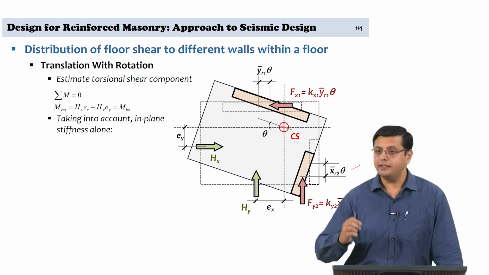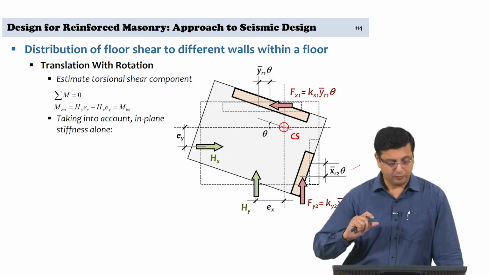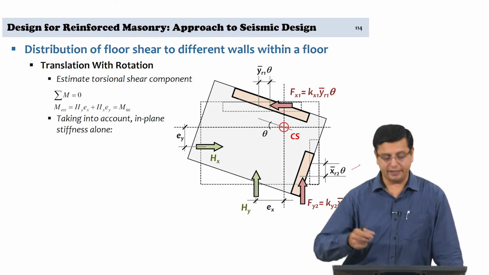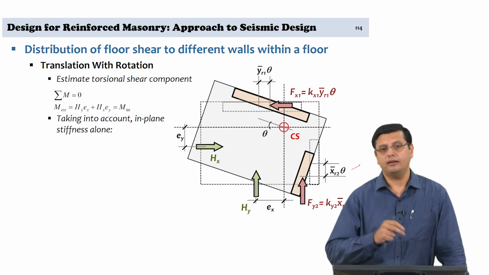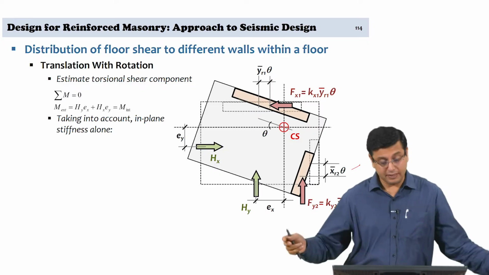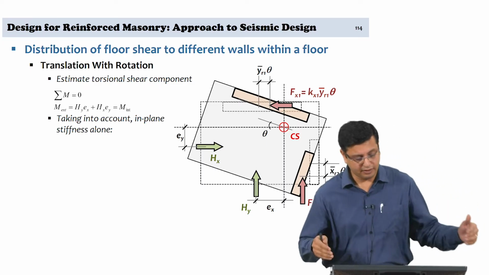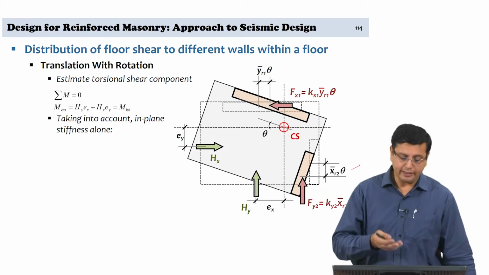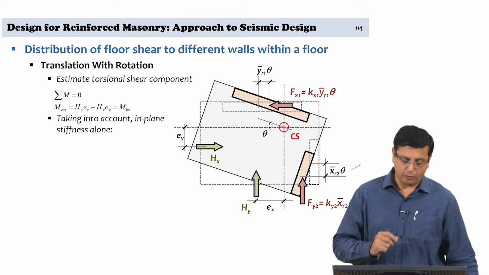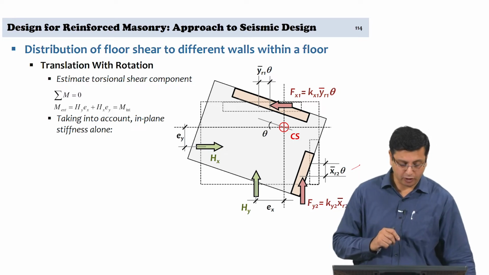And here, as I said, we will neglect the component coming in the out of plane direction, which is small, and therefore, considering the wall dimensions, length of the wall versus the thickness of the wall, it is okay to neglect the out of plane components and take into account only the in plane components.